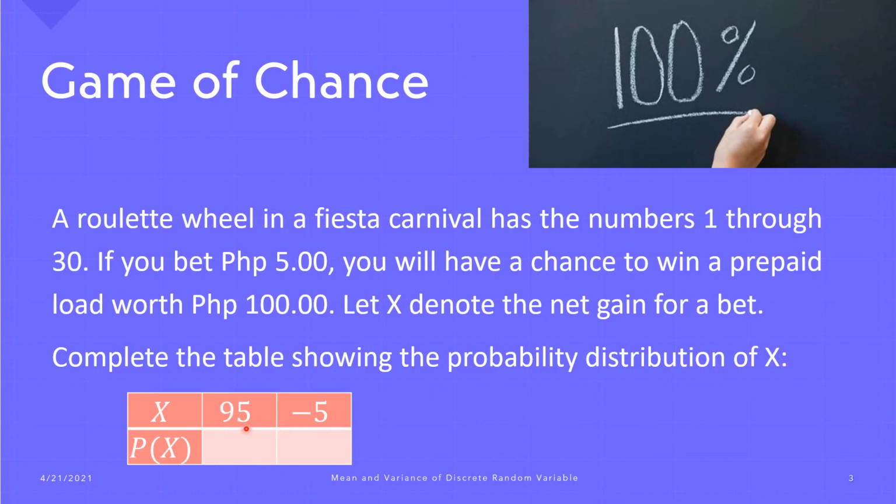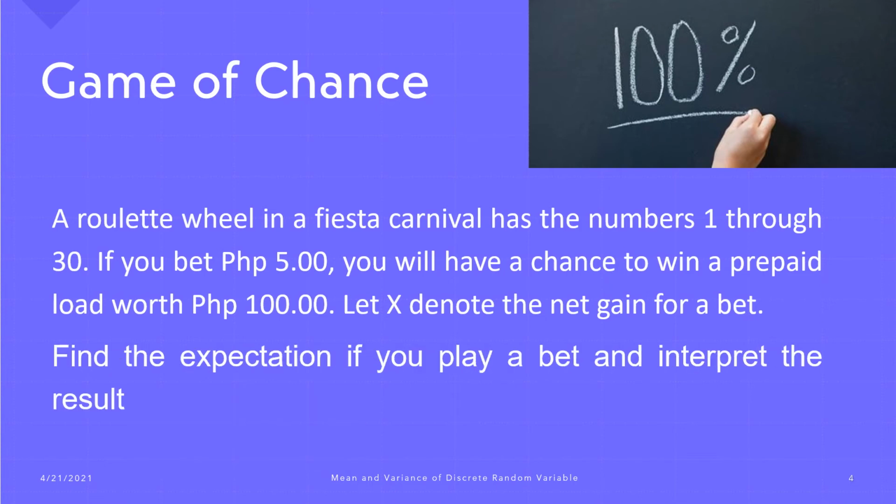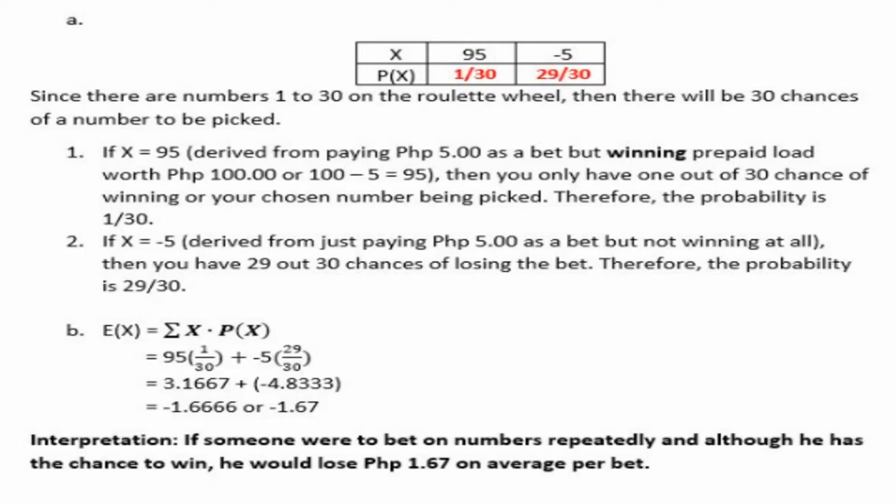Why is it 95 and why is it negative 5? And the second one is to find the expectation, or the expected value, if you play a bet, and interpret the result. Now, this is the explanation. Why is it 95? Because if you win, you will have 100.